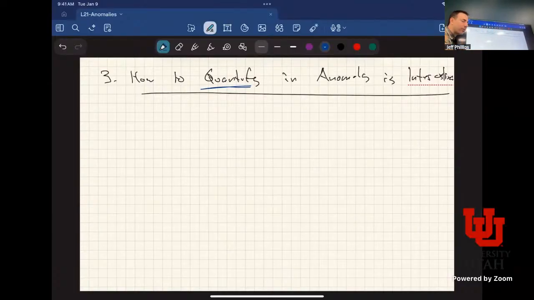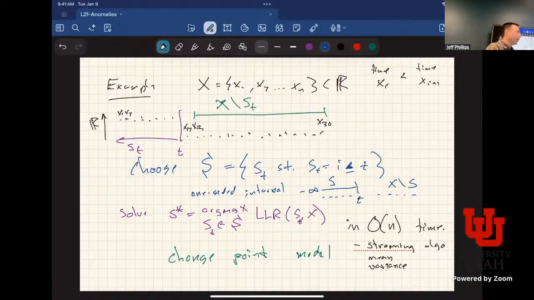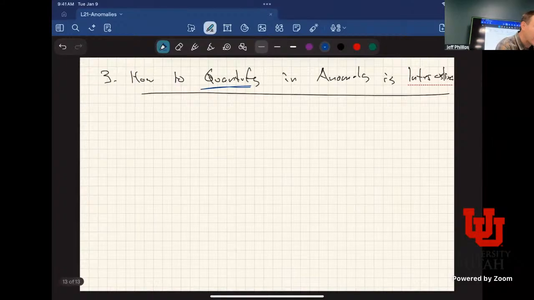When you're doing this, you write code to say, I'm going to scan over all choices of t, and for each of them, I'm going to compute a log likelihood ratio score, and I'm going to take the largest one. I'm going to find the t that gives me the largest score. That is my anomalous region. Every time you run the code, you will find some anomalous region.